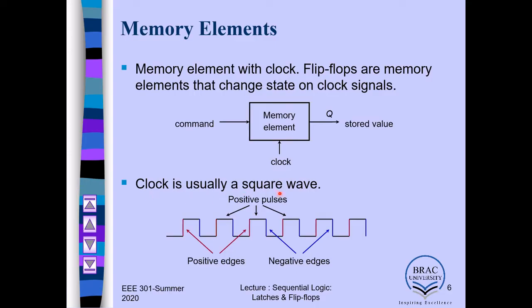Clock is usually a square wave, so clock could be positive edges or negative edges. Positive edge means the clock goes from low to high, and negative edge means going down, like here, high to low.